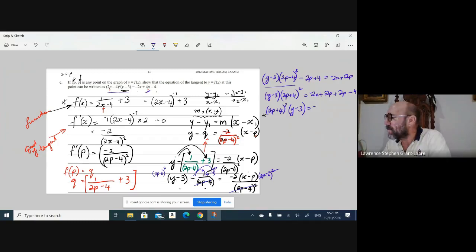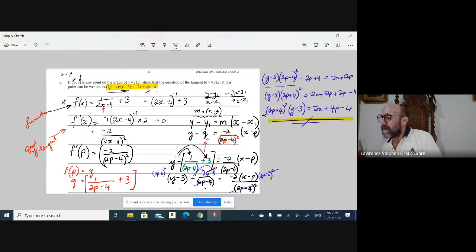And we've got negative 2x plus 4p minus 4. And that's what we wanted to end up with. Bit of algebra. Hope that helps.